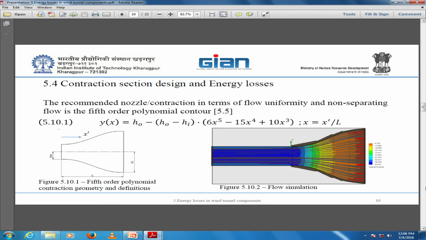So if you substitute x equals 0, what do you get? In that figure, it's H0. It's the outlet. If x is 0, you remain with H0, which is the inlet to the test section, but it's outlet from this definition.